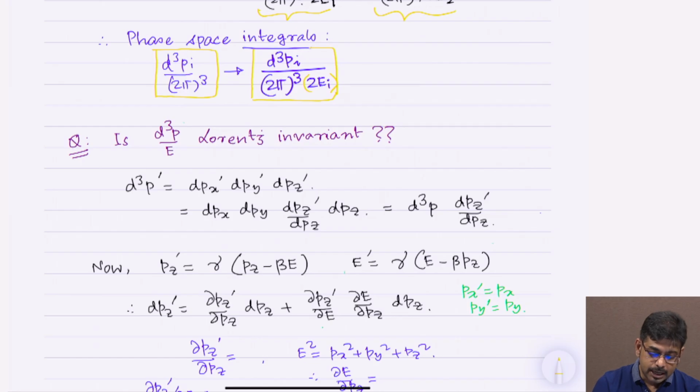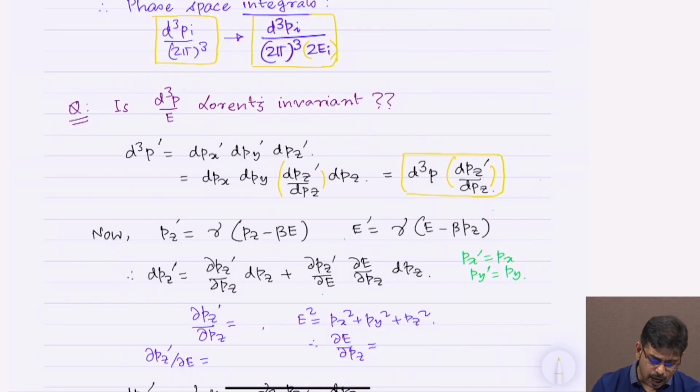So therefore dpx prime is equal to dpx, dpy prime is equal to dpy, but dpz prime is related to dpz by this factor. So this translates into the old measure d^3p times this factor of dpz prime by dpz.